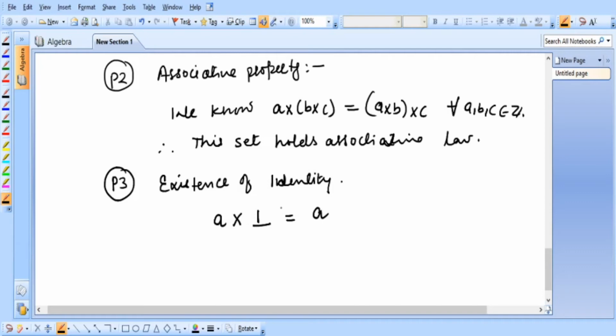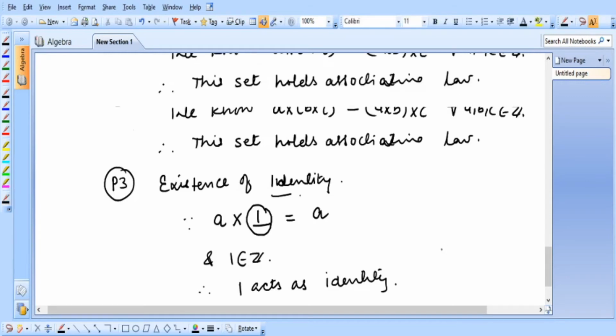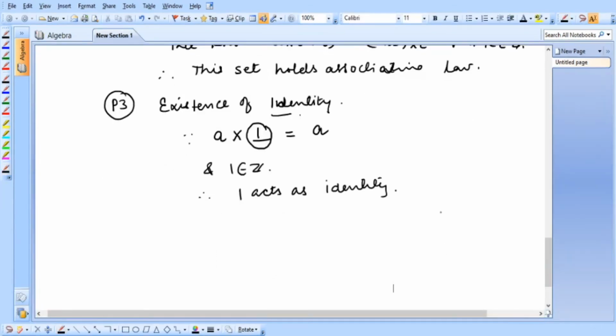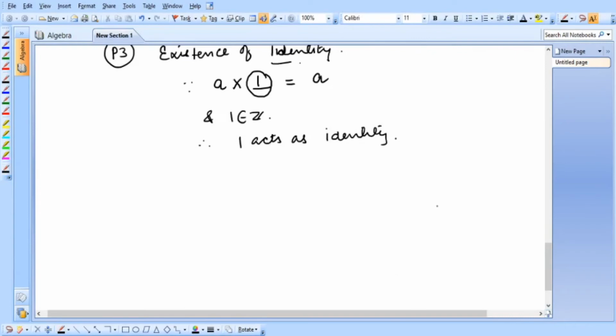Is this 1 an integer? Because we are working right now in integers. Yes, this is an integer. Therefore this property is also satisfied, and 1 belongs to the integers. Therefore, 1 acts as identity in this case. So the third property is also satisfied by this set.